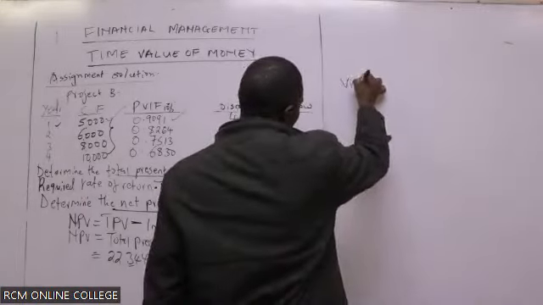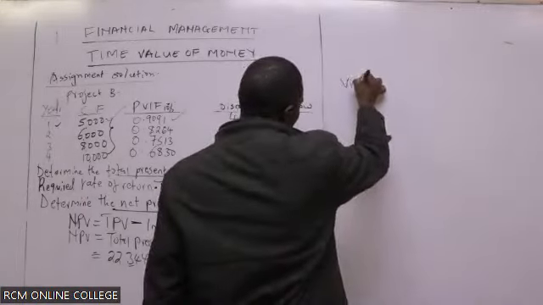You can have a variety of projects, maybe project A, B, C. Between the three, you'll find one with a smaller negative, a bigger negative, and maybe a positive. The project with a positive NPV is the one you should advise the investor to invest in. That's how you do the analysis.